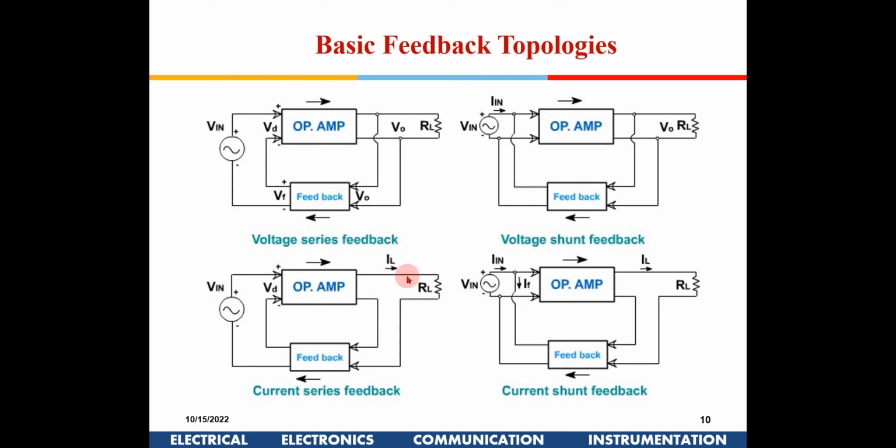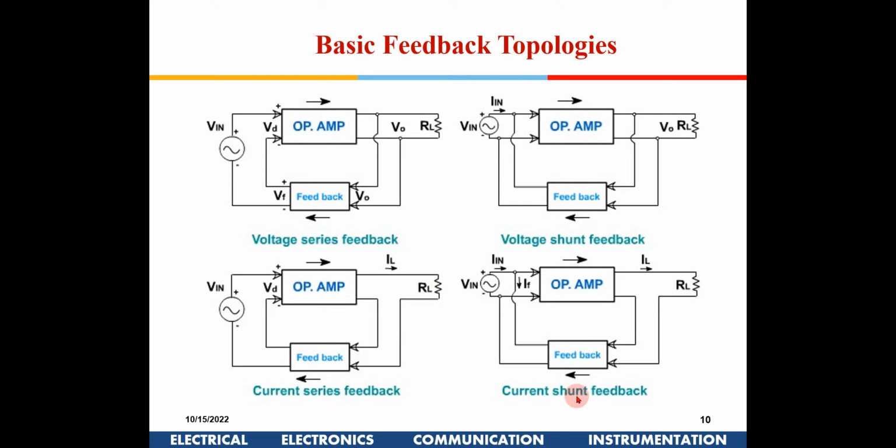Similarly, if you are sampling the current which is flowing into the load resistor, and based on that current you are making a proportional voltage out of it and giving it in series here to the voltage, this will be known as current series. Because you are sampling the current, converting it into voltage and giving it in series. Whenever there is a voltage source here, you have to give series feedback.